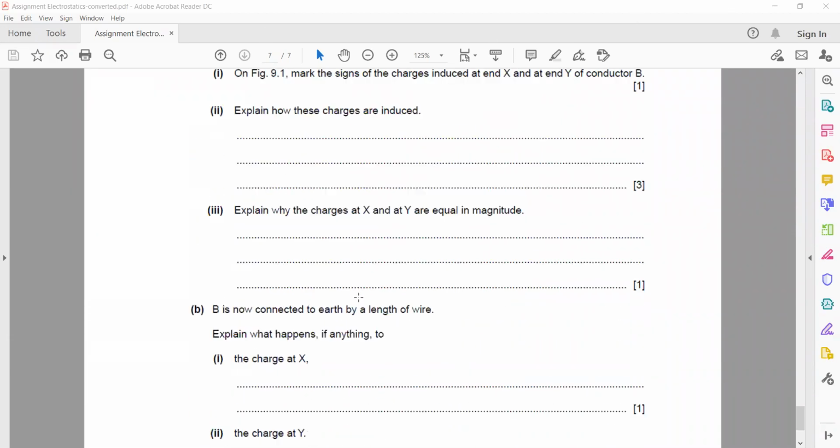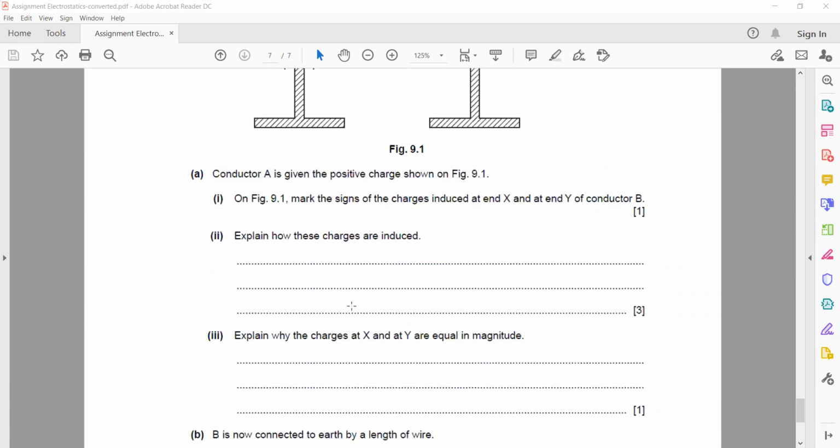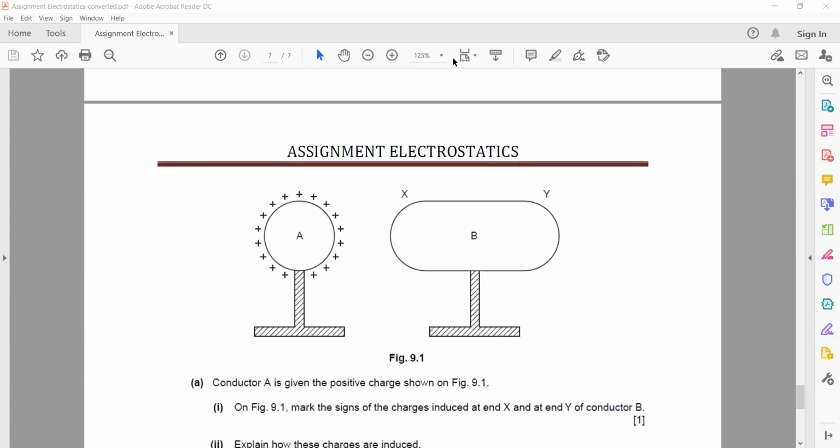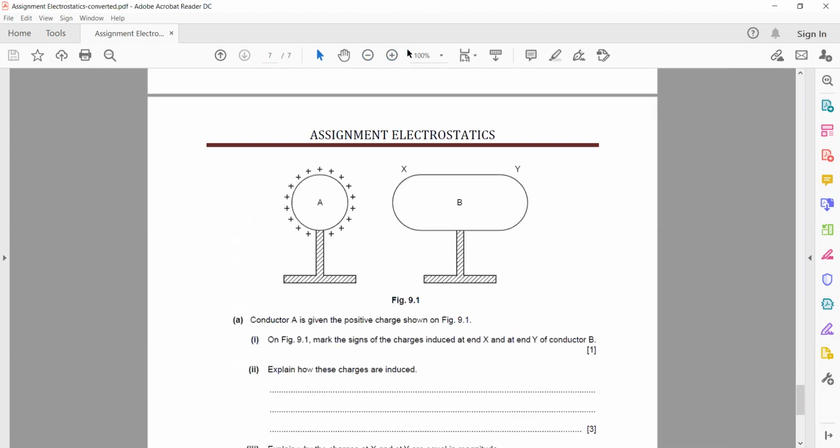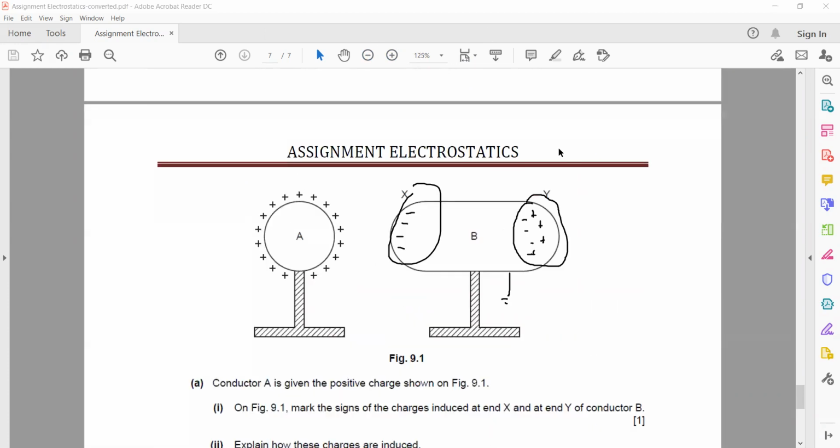When you compare the charge at X and the charge at Y, will the charge at X change? It will be negative. X will remain negative. There is no change for X. Originally it is negative and now it also remains negative, because the negative charges from the earthing wire move to the metal sphere. But what happened to the charge at Y?